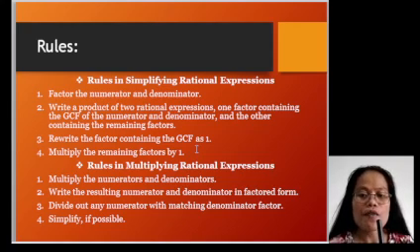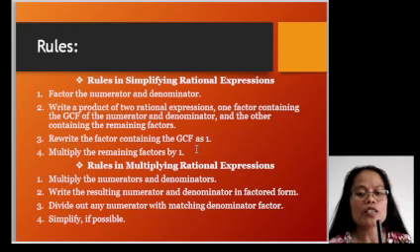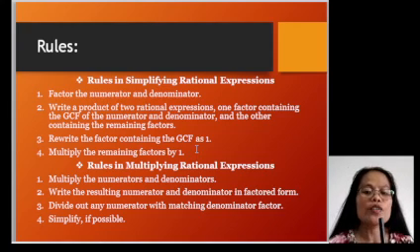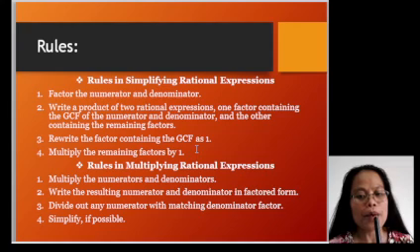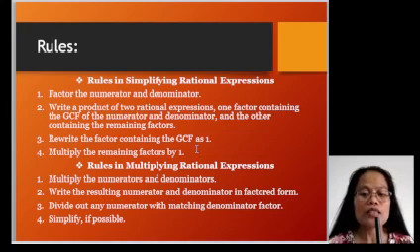Number 2, write the product of the rational expressions, one factor containing the greatest common factor, or the GCF, of the numerator and denominator, and the other containing the remaining factors. Number 3, rewrite the factor containing the GCF as 1. And number 4, multiply the remaining factors by 1. So those are the rules in simplifying rational expressions.